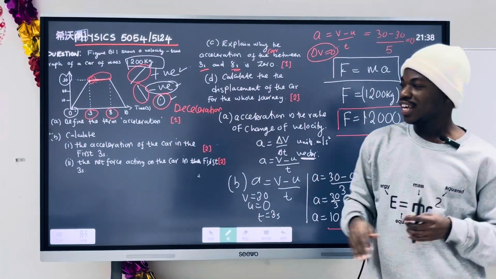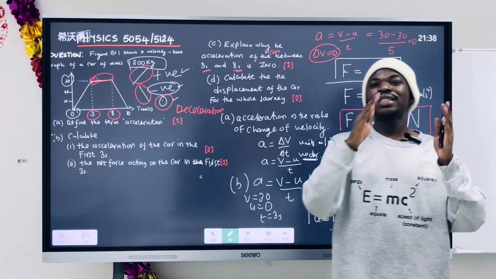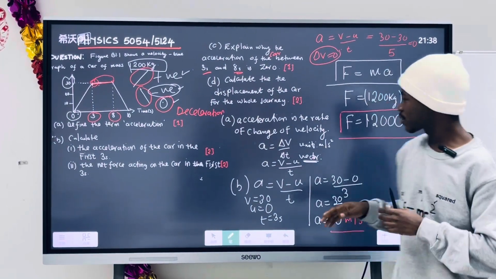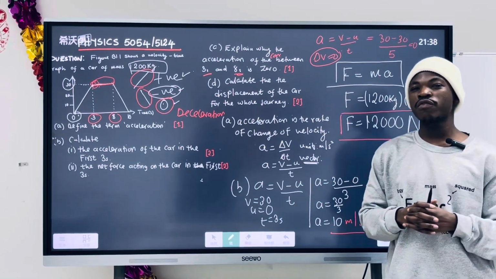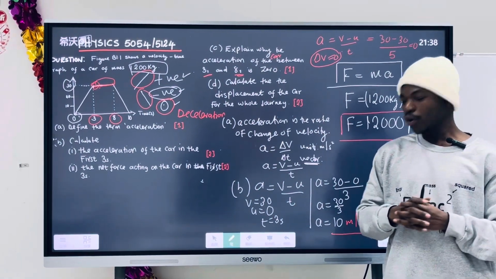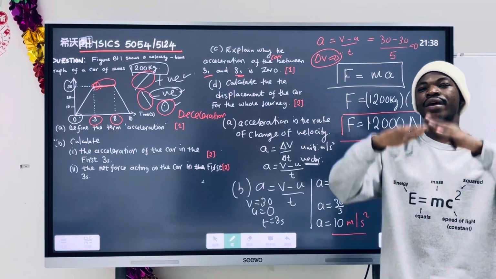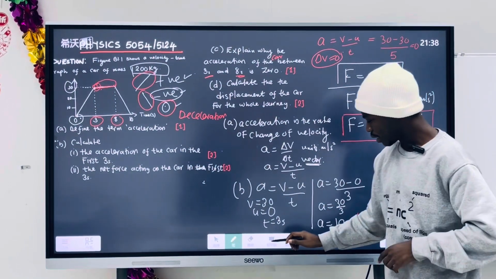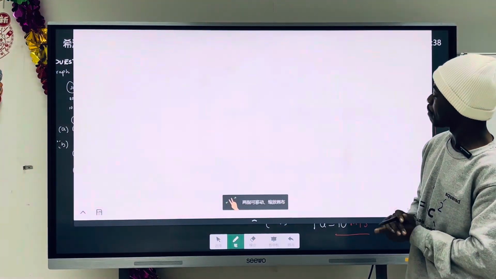If you are given a velocity time graph, students, and you are asked to find the displacement of a particular body, all you need to do is find the area formed under the graph. Let me just illustrate something using this body here.